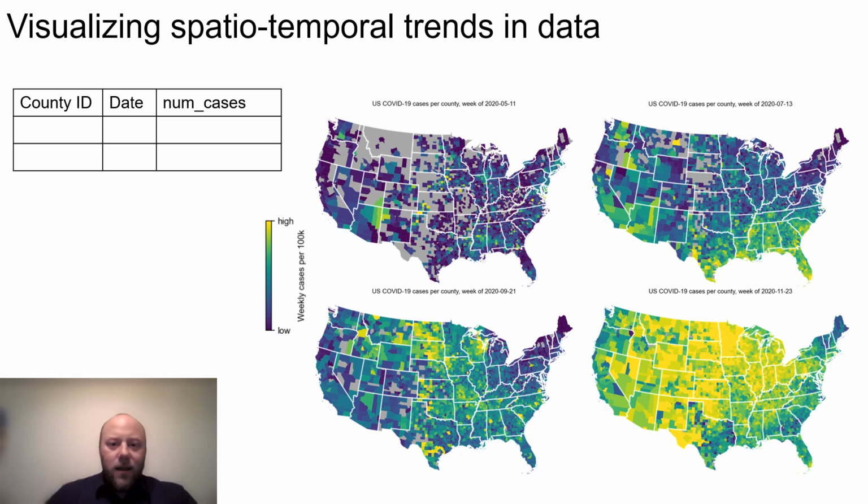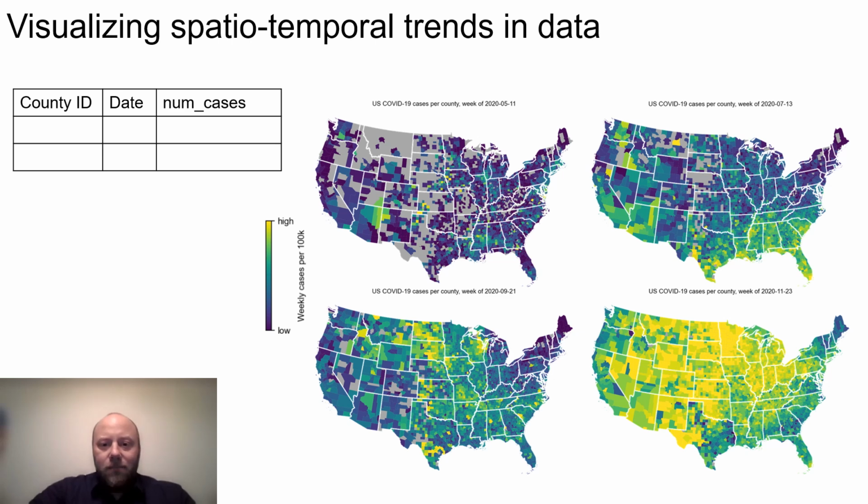We've all seen these maps more than enough probably over the last couple of years. So what you see here are basically a set of choropleth maps that show the weekly cases of COVID infections per 100,000 people. So it's basically the infection density, if you will, per population.